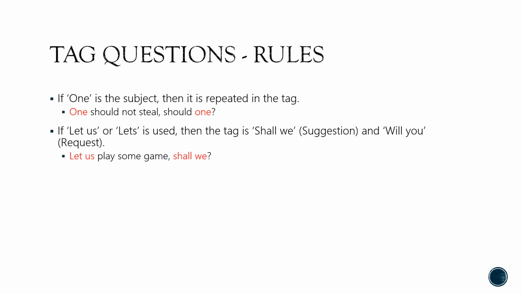But suppose you are to make a request and that too begins with let's. Like in, let's sleep in the hall, then the tag is supposed to be will you. But then if you are such a good guy and want to be extra decent, then add a please to it. Let's sleep in the hall, please, will you?